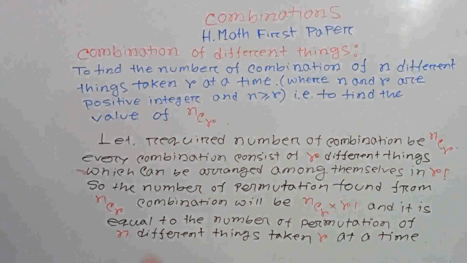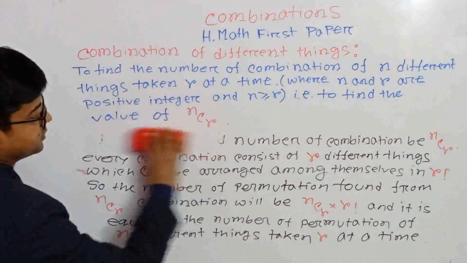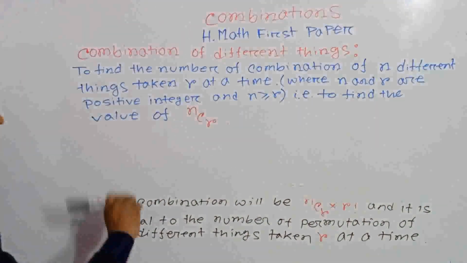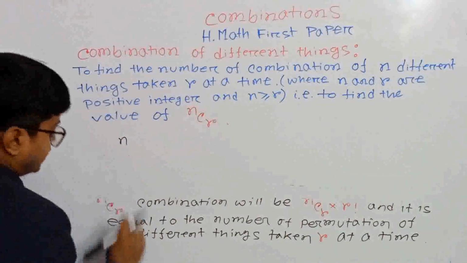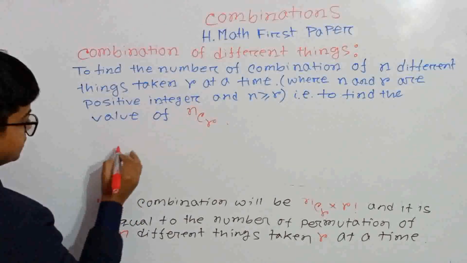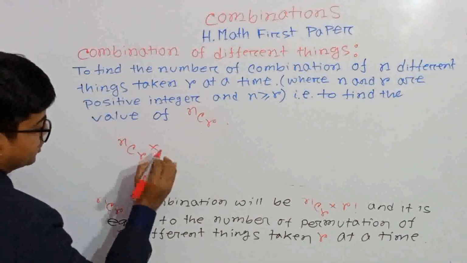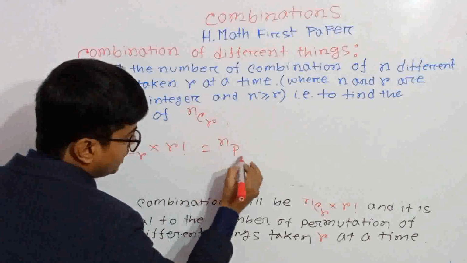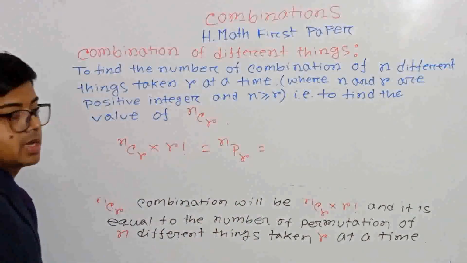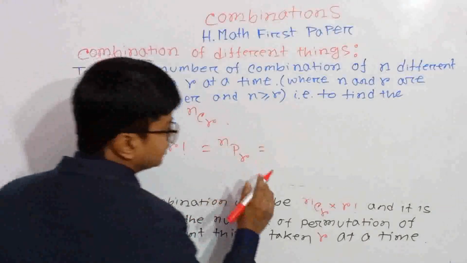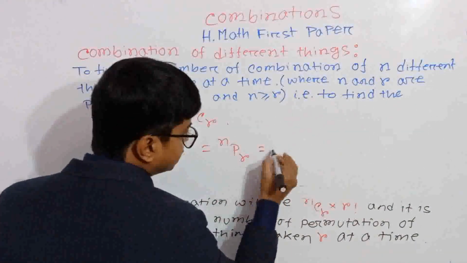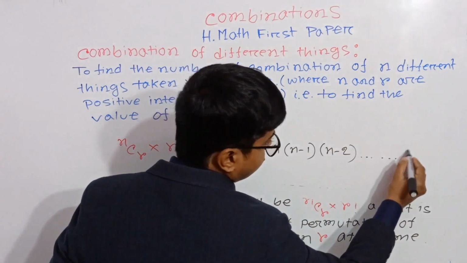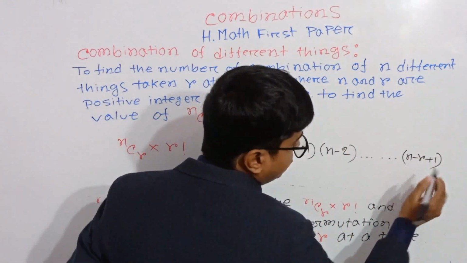So we can write nCr times factorial r equals nPr, and we know that nPr equals n into n minus 1 into n minus 2, up to n minus r plus 1.